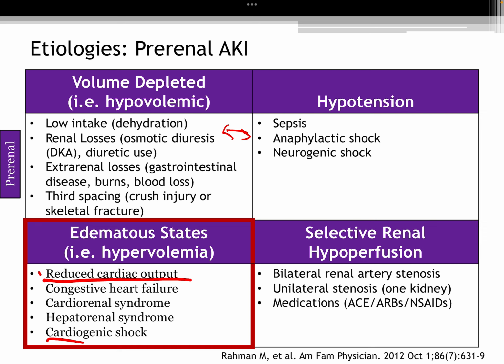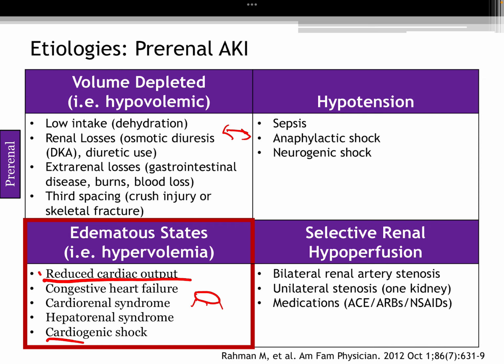Now, when we think about heart failure, let's just take a moment here so we can define something. You can think of your heart, your liver, and your kidneys as a three-legged stool. Let me actually draw myself a little three-legged stool. If one leg goes, the other two tend to suffer or tend to not fall too far behind.